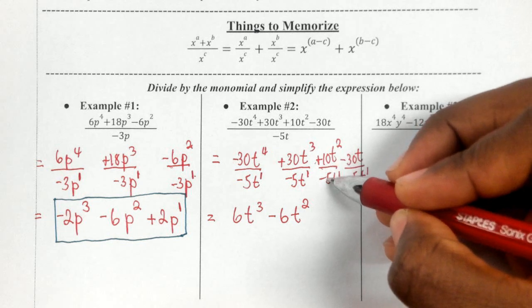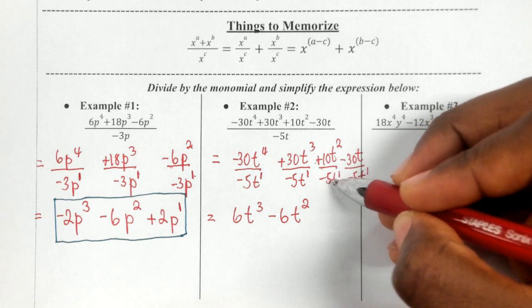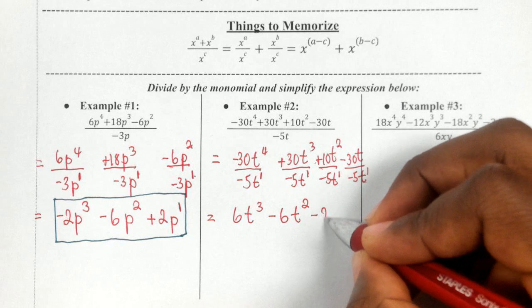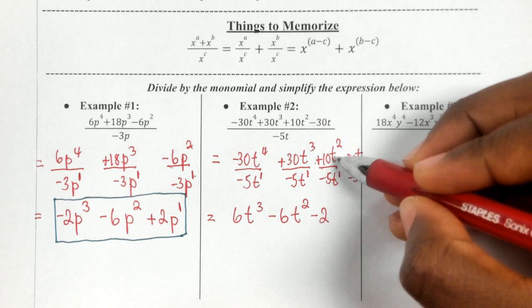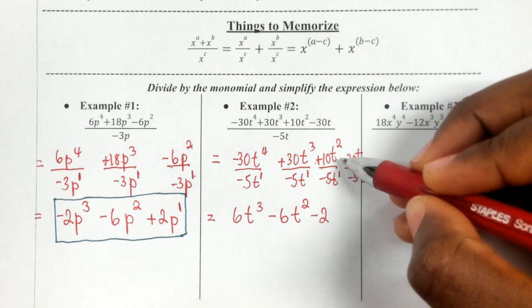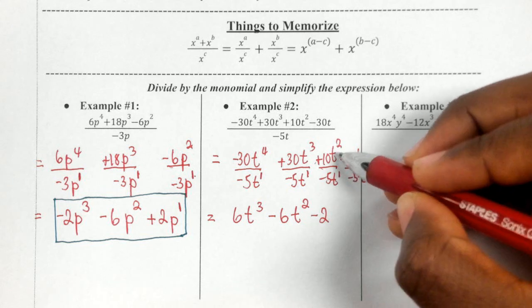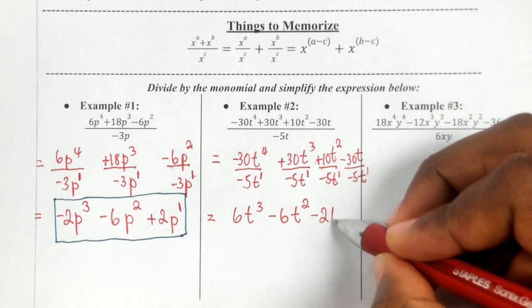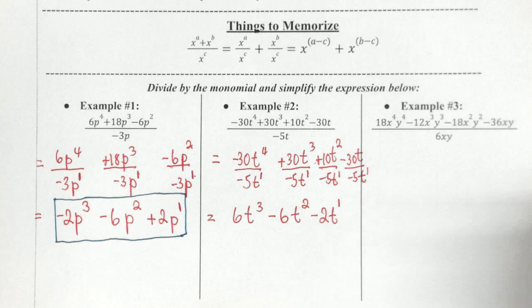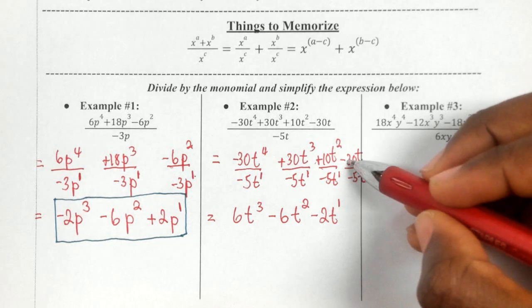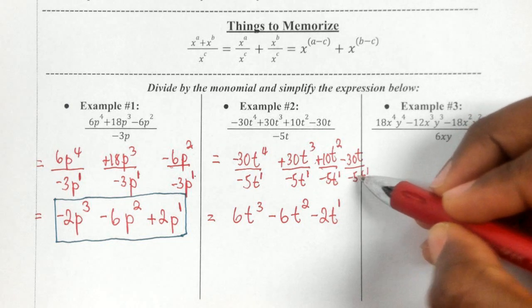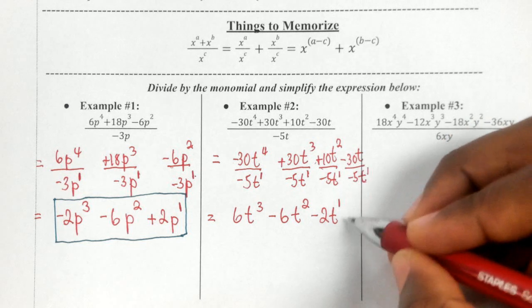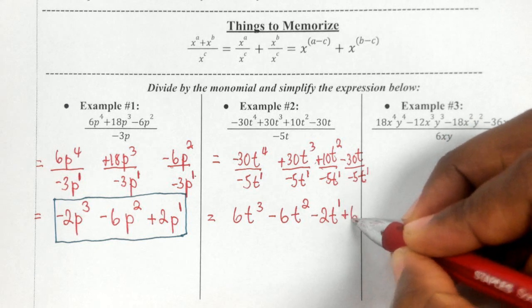Now I'm going to divide the numbers: 10 divided by negative 5 is negative 2. I have 2 t's at the top, 1 at the bottom, so 2 take away 1 leaves me with 1, or just a t. Negative 30 divided by negative 5 gives me a positive 6.